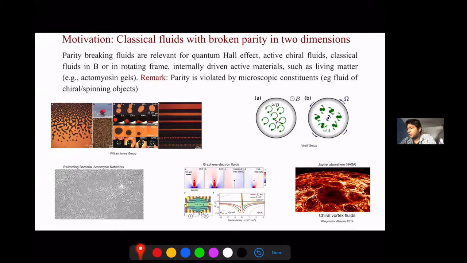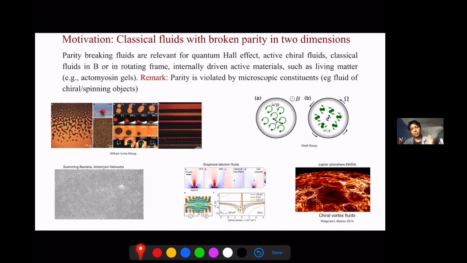Okay, and at a macroscopic scale also, you can see this is a picture of the Jupiter atmosphere. And these are chiral vortices that are formed due to the spin of Jupiter. So you can think of the Jupiter atmosphere as a collection of vortices that have the same chirality associated to it.